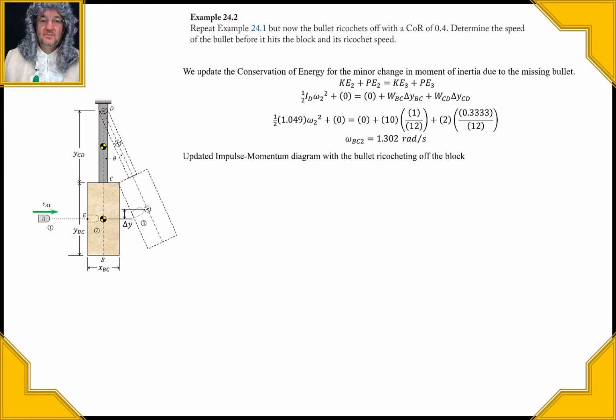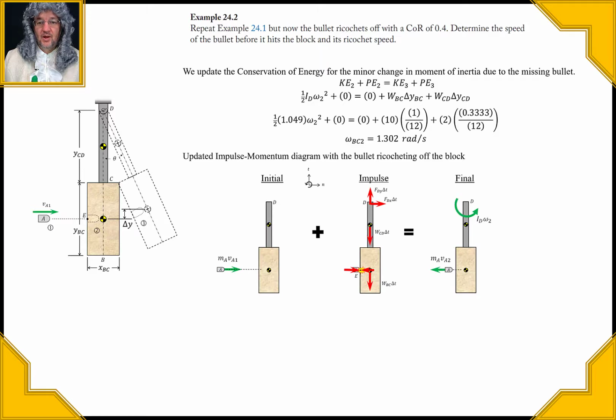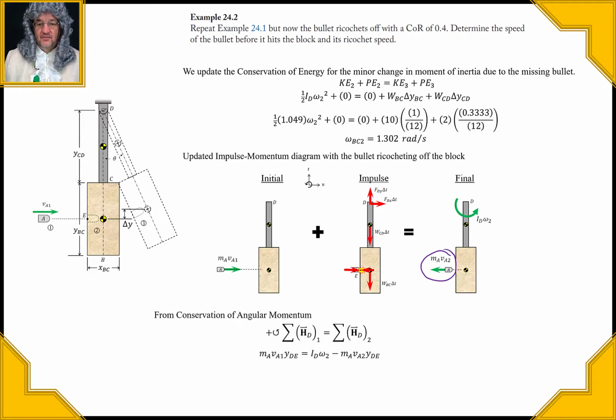Okay, so now we update the impulse and momentum diagram. And here we now have to include that the bullet's going to bounce off. You'll note that I decided to make the bullet go in that direction. By the way, if we find out in the end that the bullet's going the other direction, it could possibly happen.